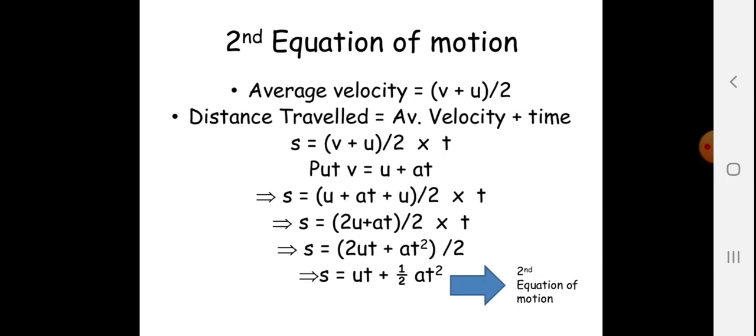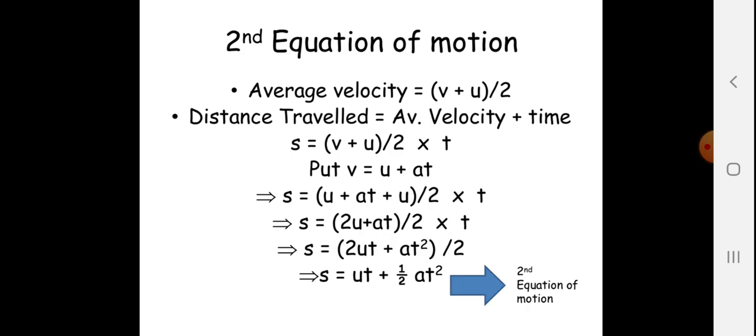Second equation of motion. Average velocity is v plus u divided by 2, where v stands for final velocity and u stands for initial velocity. So distance traveled is equal to average velocity times time. For distance you will take s, average velocity is v plus u divided by 2, and for time it is t.